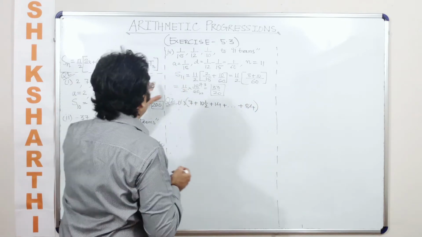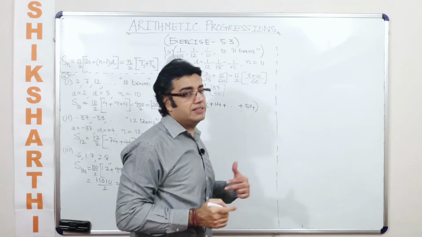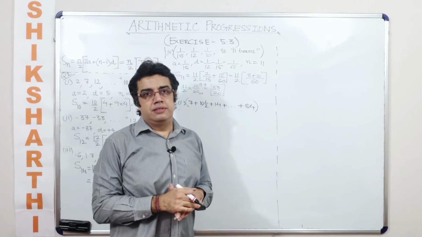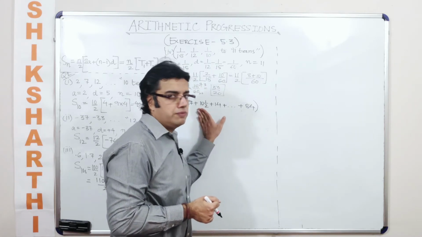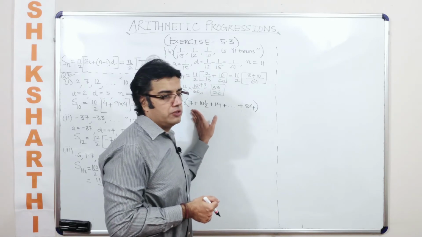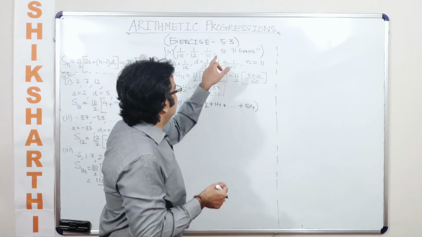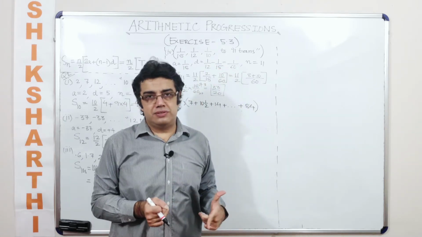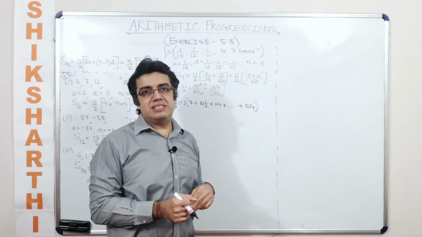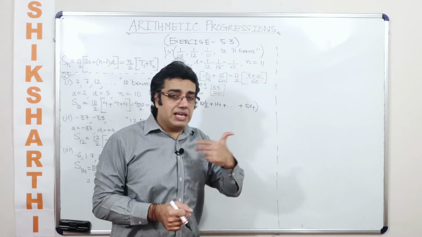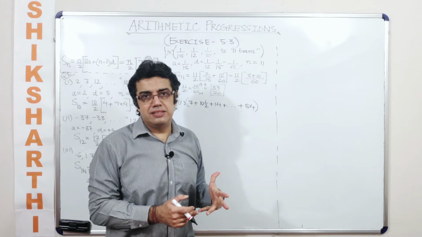And any other representation, for example if I talk about this representation, will be known as an arithmetic series. So by default, what are you supposed to do? Even if they do not give you any instruction for this, you are just supposed to find out the sum without any additional instruction being given. But in this case they need to give you the instructions. I mean, what do you need to do next? Are you supposed to find out the sum of the first 11 terms or 10 terms, or they may ask you to find out the 5th term or the 6th term or any term of the series?